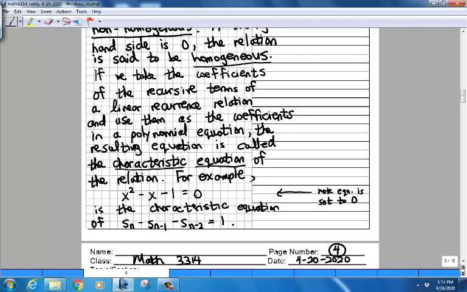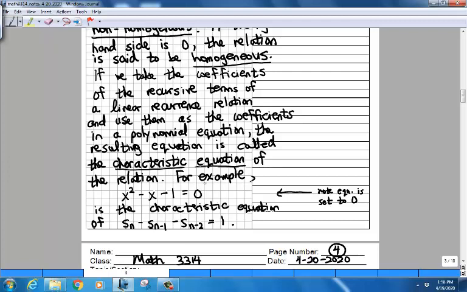I'm going to take the coefficients off of the recursive terms, and I'm going to convert that into a polynomial. Let me say this right here. I'm going to take the coefficients off of the recursive terms and use those coefficients to create a polynomial, and I'm going to take that polynomial and set it to 0. I'm not going to set it to whatever is on the right-hand side of the recurrence relation. I'm going to automatically set that polynomial to 0.